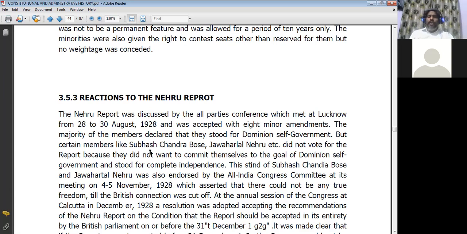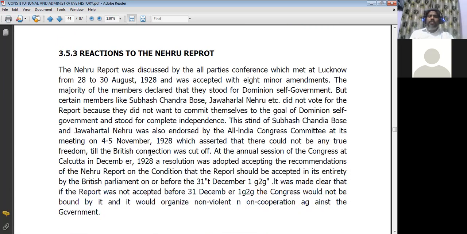Okay, so at the annual session of the Congress at Calcutta in December 1928, a resolution was adopted accepting the recommendations of the Nehru report on the condition that the report should be accepted in its entirety by the British Parliament on or before 31st December 1929.